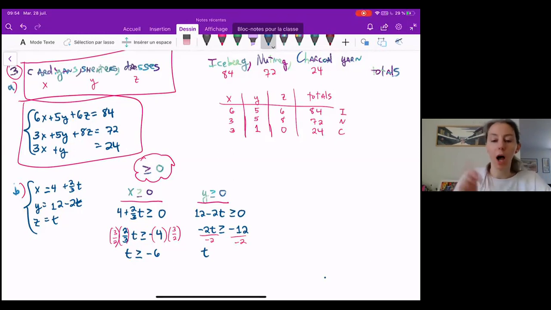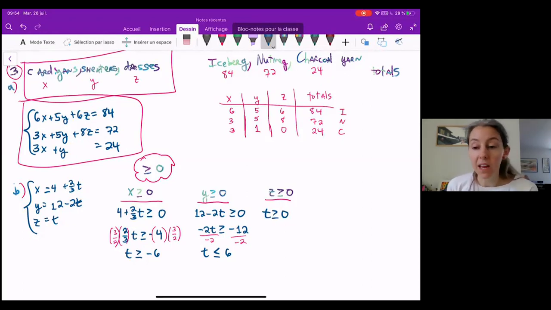You got it. It causes my inequality to flip. So this becomes t is less than or equal to +6. So right now I have t between -6 and 6, but I also have to look at my z value. And z is just t is greater than or equal to 0.